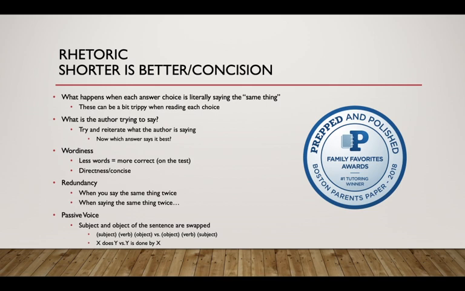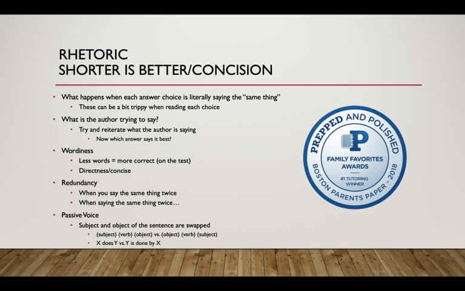And finally, passive voice. Now this is when our subject and object in the sentence are swapped. Sometimes people believe passive voice is when you talk in the past tense, but not really. It's obviously, yes, in the past tense, but it's more like our subject and object are doing the wrong thing. It's usually subject, followed by the verb, and then the object.